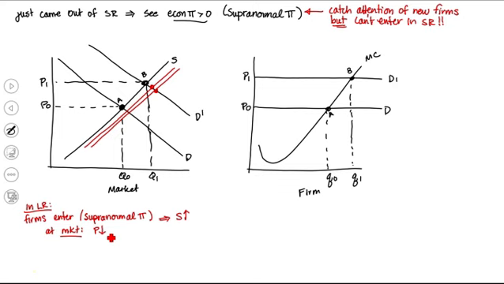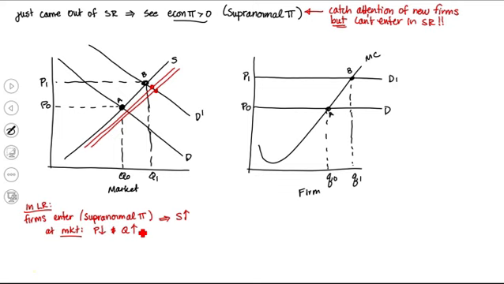But what's happening to output? Is output going down or is output going up? Prices are going down, but output's going up. The market's growing in size. Entry makes the market grow. Entry means more firms. The market's getting bigger, but competition is lowering the price.